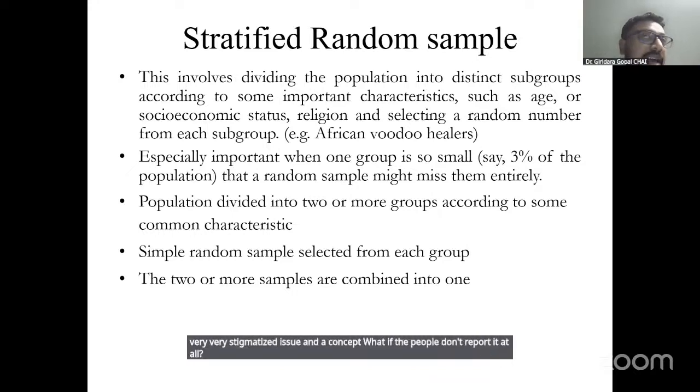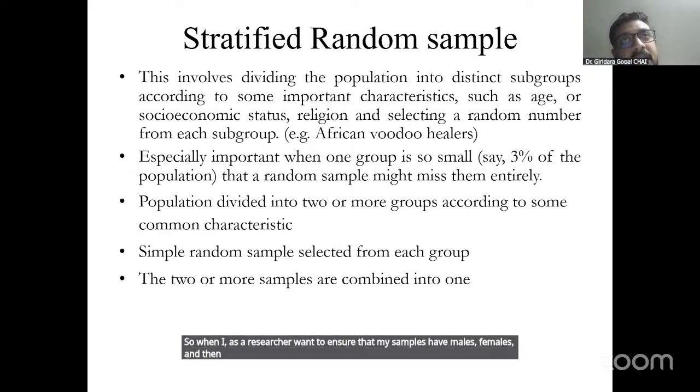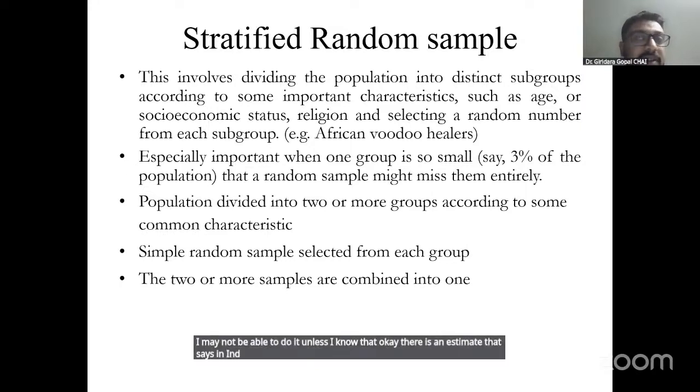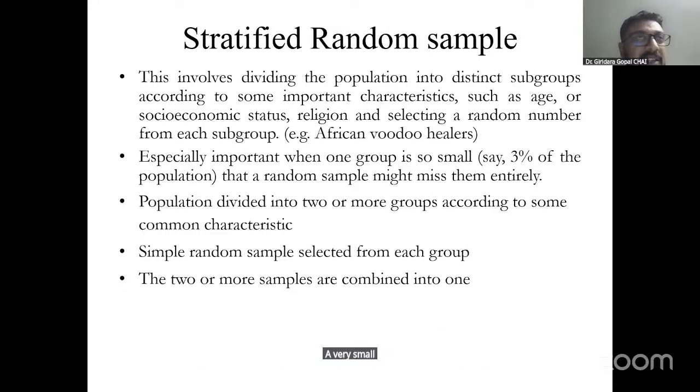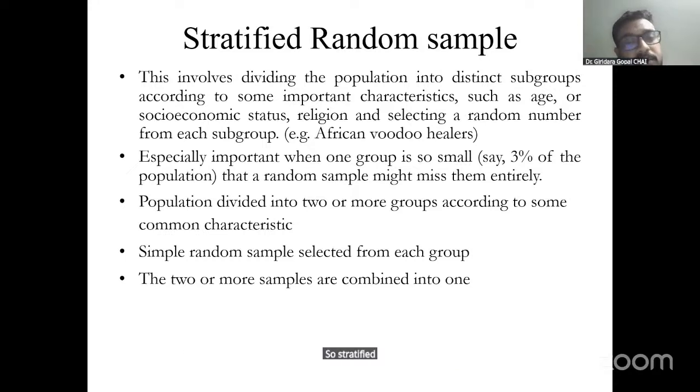When I as a researcher want to ensure that my samples have males, females, and people across the entire spectrum, I may not be able to do it unless there is an estimate that says in India, in these cities or these states, this is going to happen. If you don't have that, because of a very small representation in the community and because of stigma, it usually does not come out, which is a fair point. So stratified random may not be able to do that. That's the missing element in it.